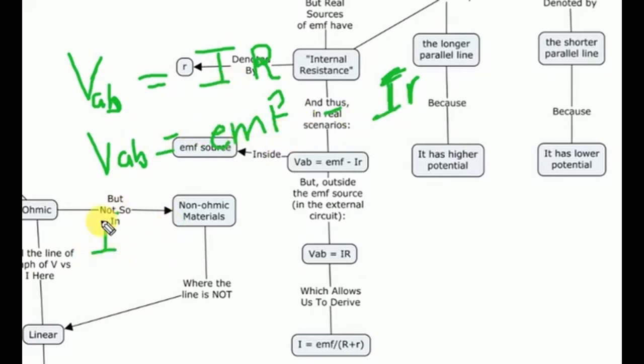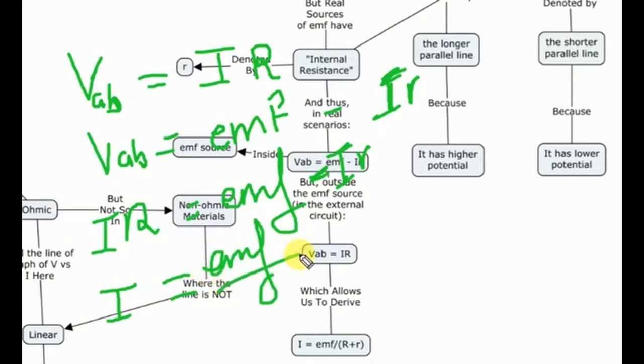If we set IR equal to the EMF minus Ir, we can say that I is equal to the EMF over capital R plus little r.